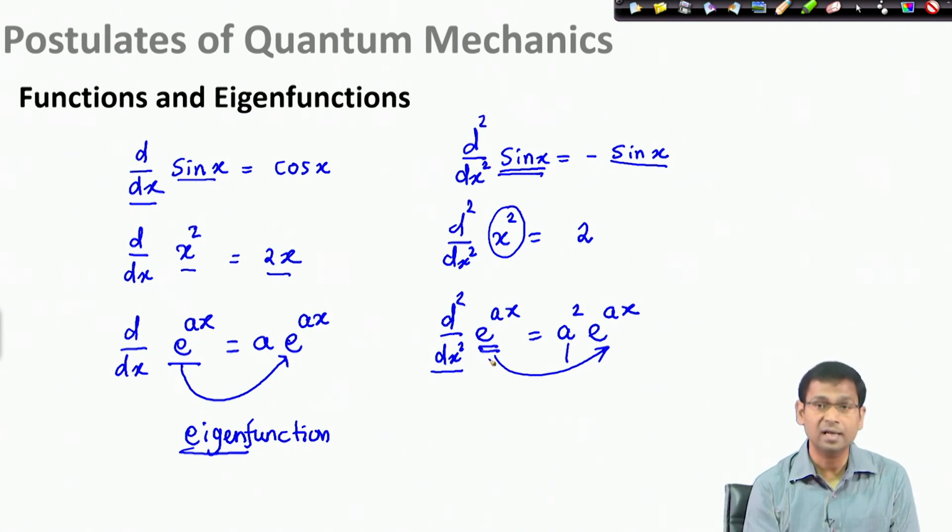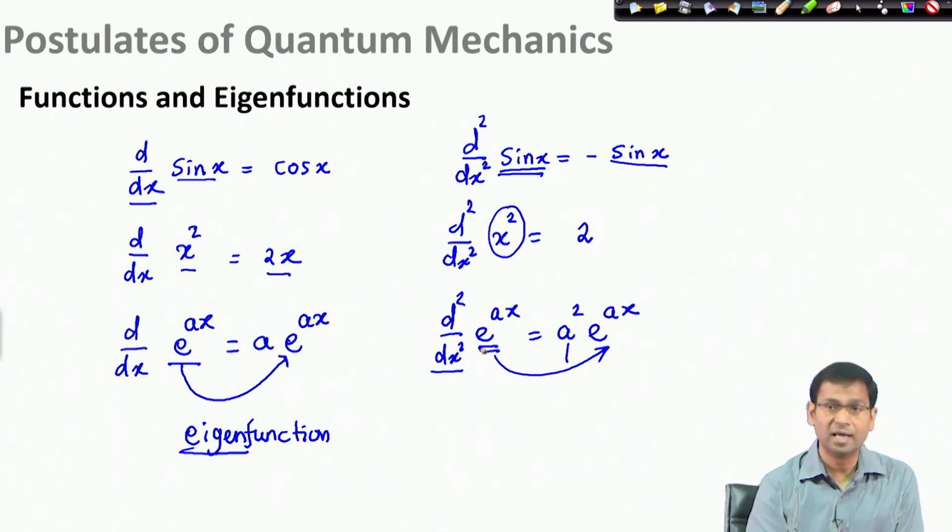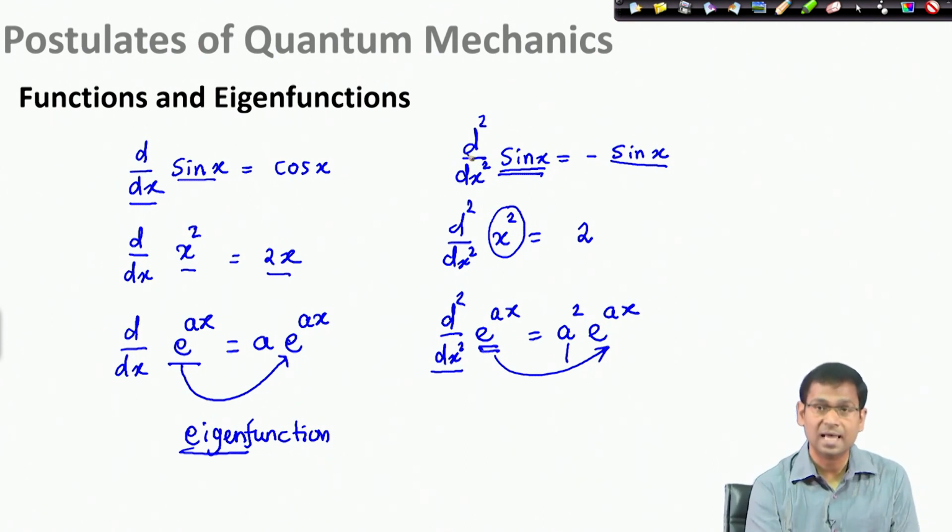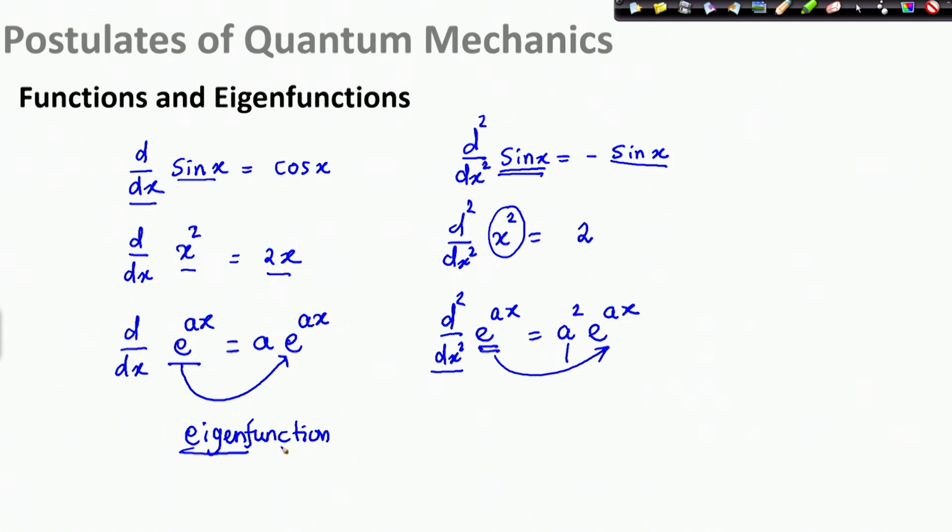On the other hand, e to the power a x is again an eigenfunction of d square by dx square. So, here we see that sin x is not an eigenfunction of d by dx, but is an eigenfunction of d square by dx square. X square is neither an eigenfunction of d by dx nor of d square by dx square. E to the power a x, on the other hand, is an eigenfunction of both d by dx as well as d square by dx square.